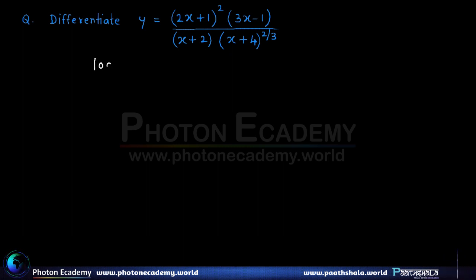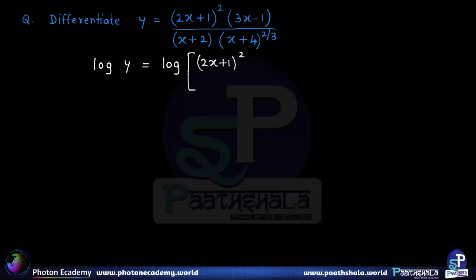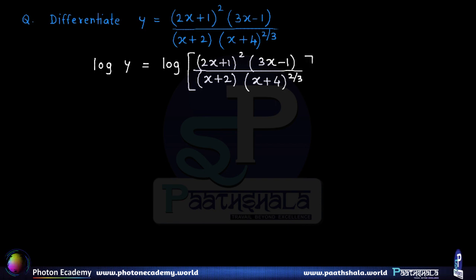So therefore if we take the log of y, then that is equal to log of (2x plus 1) whole squared into (3x minus 1) divided by (x plus 2) into (x plus 4) whole raised to 2 by 3.